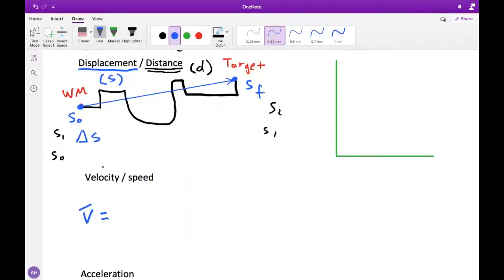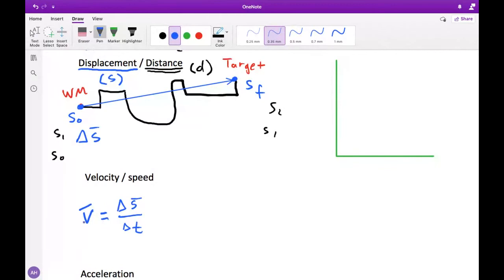So our velocity, which is a vector, is given by the displacement, final minus initial, divided by the change in time, where this change in time is just how long it takes to go from, let's say, Walmart to Target.